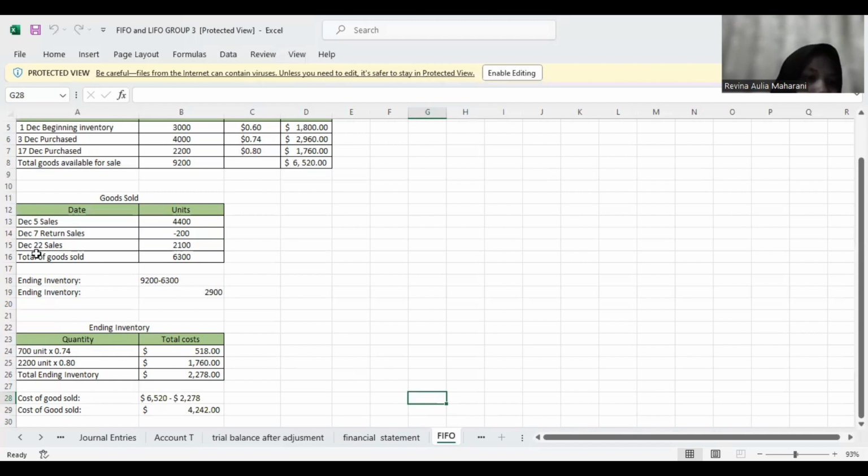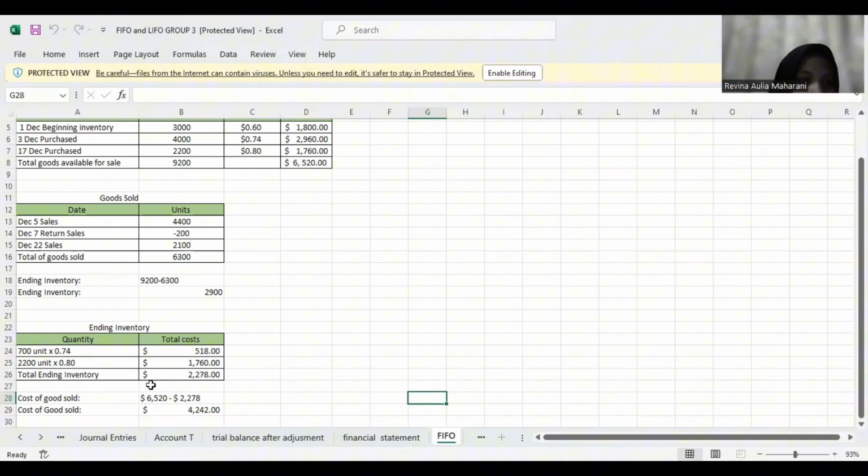On December 22, 2,200 units, multiplied by 0.80. The total cost is 1,760.